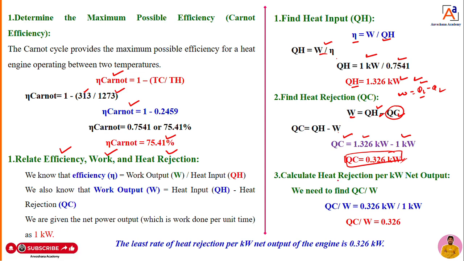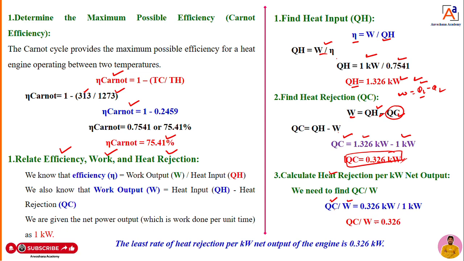Once you've done this, you can calculate the heat rejected per kilowatt of work done. How to calculate that now? Heat rejected divided by work done. So heat rejected is equal to 0.326 kilowatt divided by 1 kilowatt.